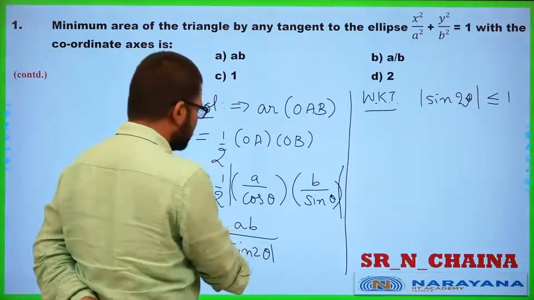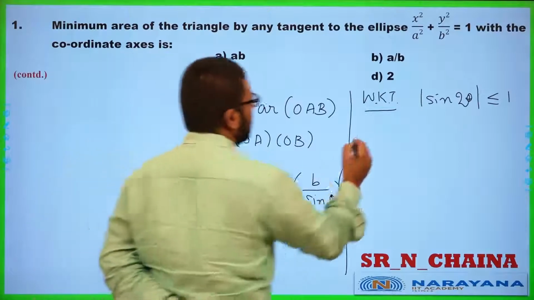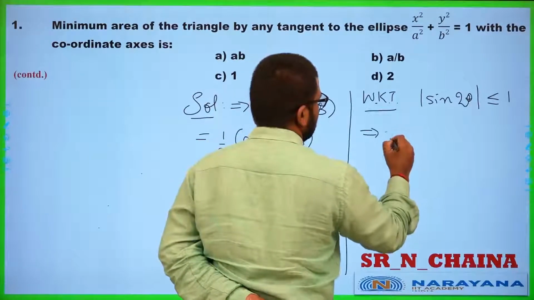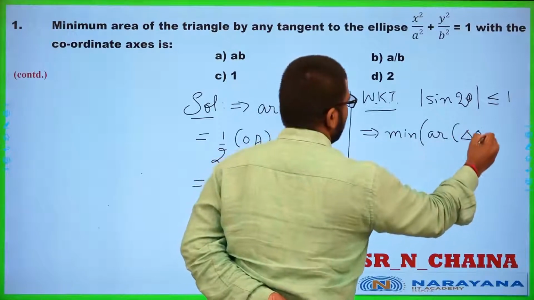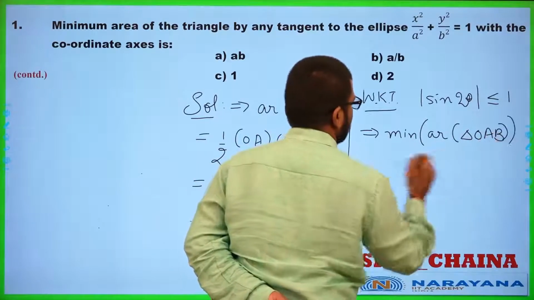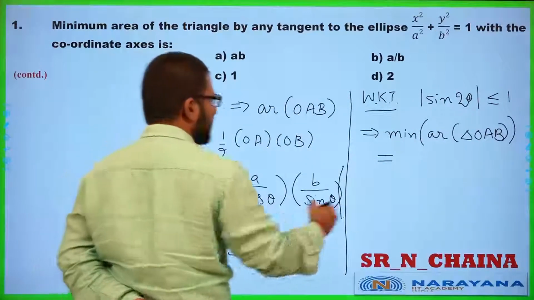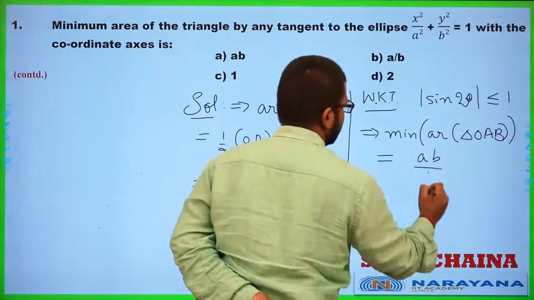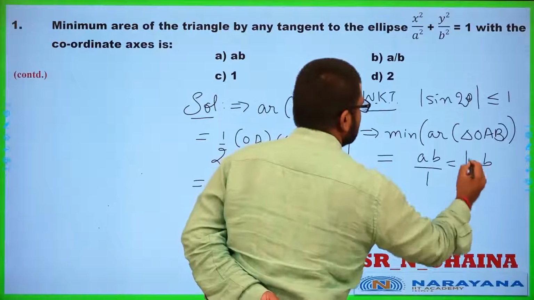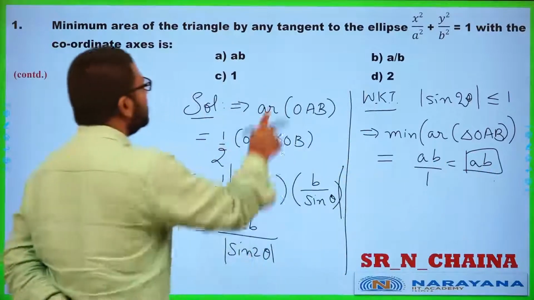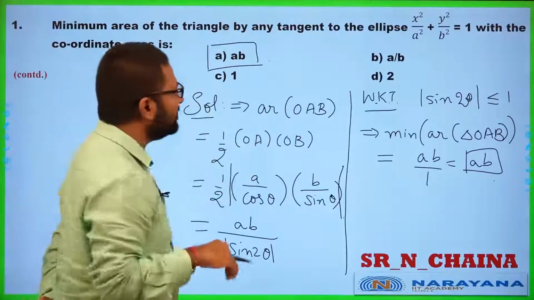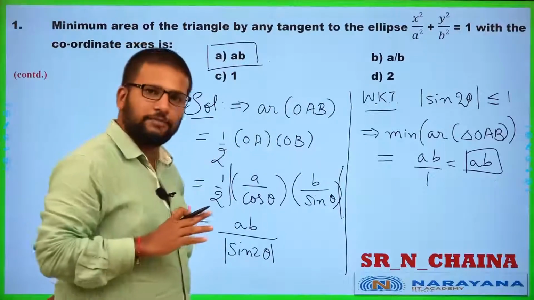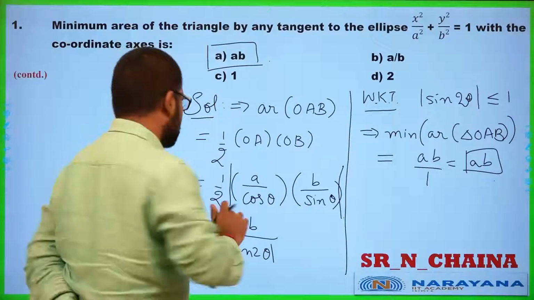So if I substitute, I should get the minimum value here, which means the minimum area of triangle OAB would be ab upon 1, which is ab itself. Got it? ab. That is the minimum area of the triangle formed by any tangent to this ellipse. Got it? Okay, let us then proceed.